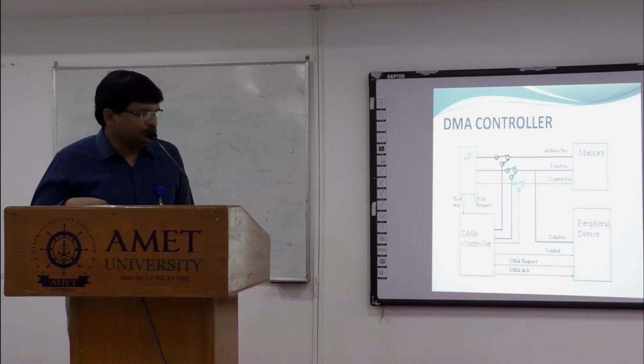In response, the DMAC controller will send the DMAC acknowledgement to the peripheral device, after which there will be direct communication between the memory and the peripheral device. Here the central processing unit, or the microcore of the microprocessor system, will be neglected or bypassed, we can say.